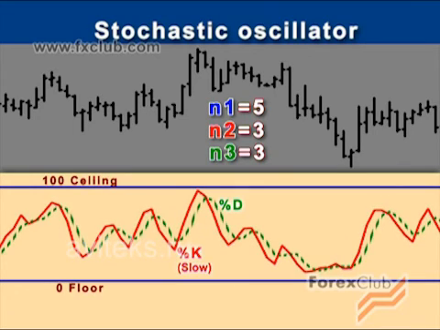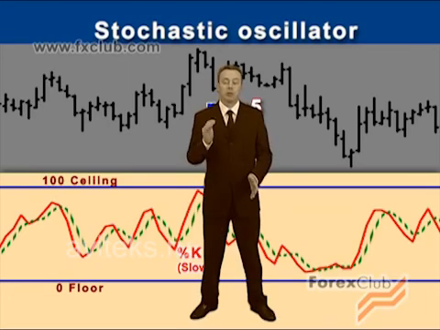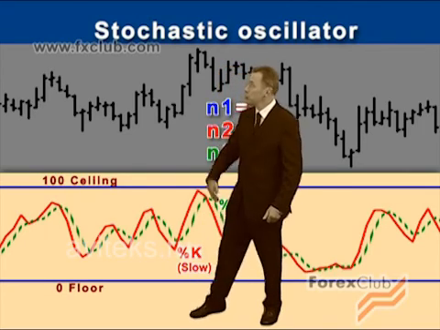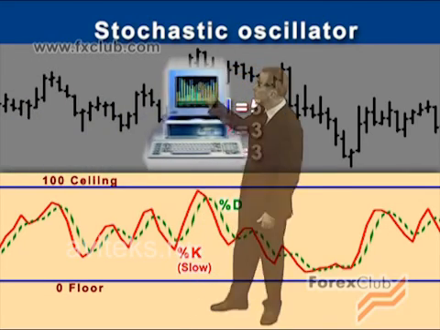In addition to this, we have 3 time values. N1, 5 is the customary value, and N2 and N3, they're the smoothing periods. We've set them both at 3. And you can play around with them. Your computer will help you again.